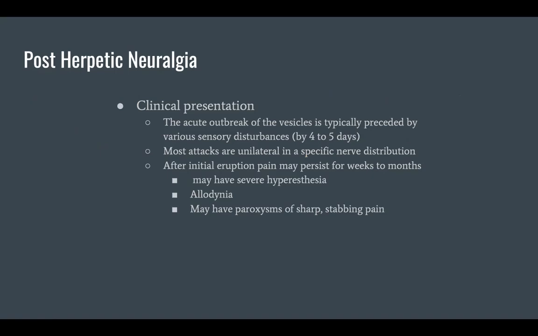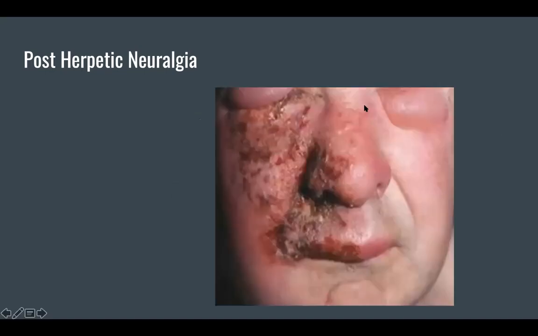They've got usually a sharp, burning pain in the pattern of a dermatome. So they've got sensory disturbances, and then all of a sudden they break out in a rash. Well, months later, they're still having pain, even though the rash is gone, which is rough. So here's shingles.